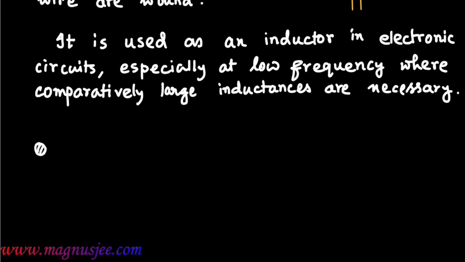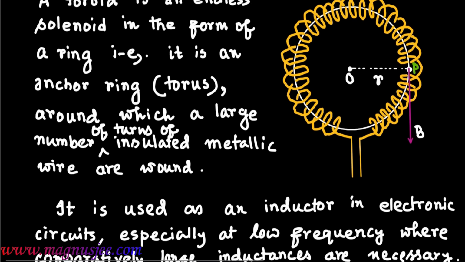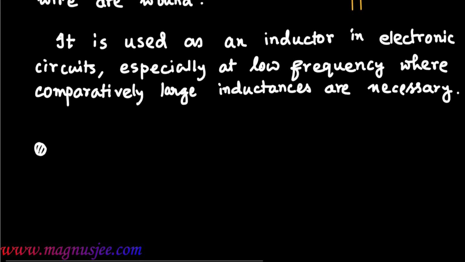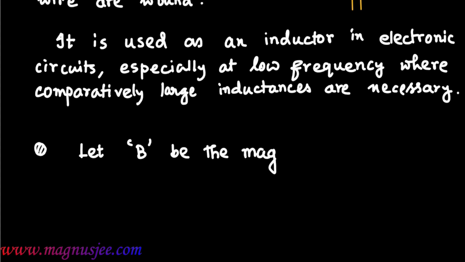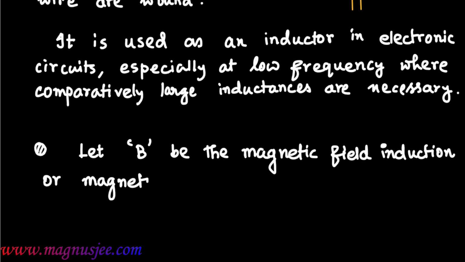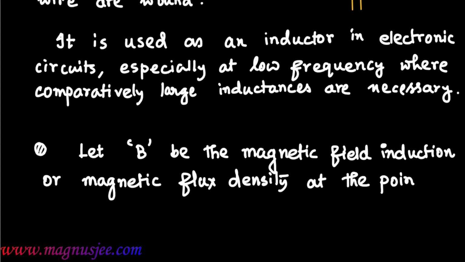Now we can draw the diagram of the toroid. Let B be the magnetic field induction, or magnetic flux density, at the point P, as shown in the figure.